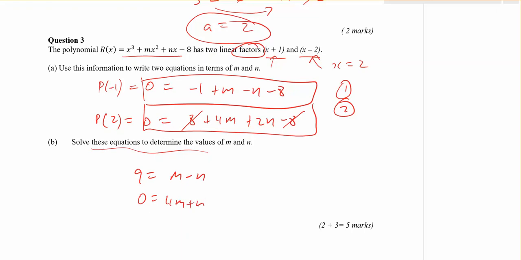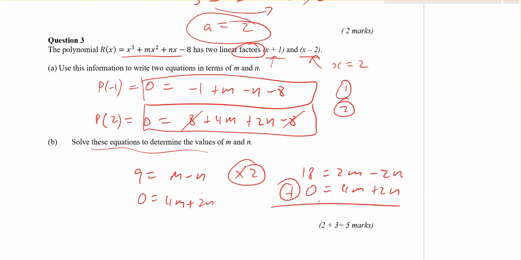So what I get is 18 equals 2m minus 2n, and 0 equals 4m plus 2n. Now I can add the two equations together. So I get 18 equals 6m, and the negative 2n plus 2n will cancel. So m would equal, if I divide by 6, 3 6s is 18, so m equals 3.